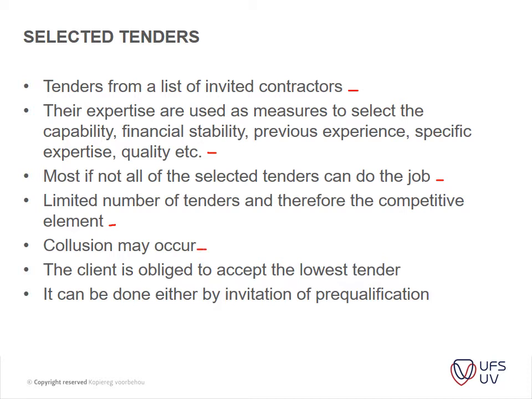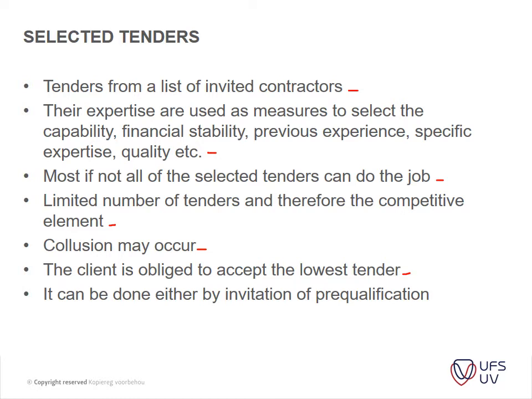Collusion may occur. Remember the 2010 soccer stadiums, where there were only a few contractors that could actually build those types of stadiums, and there was collusion that actually took place. The client is obliged to accept the lowest tender because the contractors were already shortlisted.